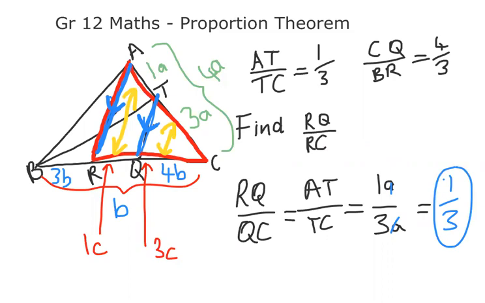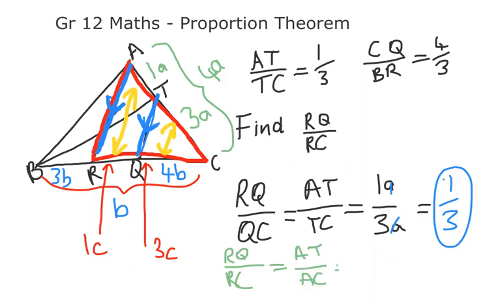But now I'm going to do a different one. I'm going to say RQ divided by the whole RC over here. So I'm taking the one smaller line divided by the bigger one RC. That will equal the smaller one AT divided by the bigger one AC.